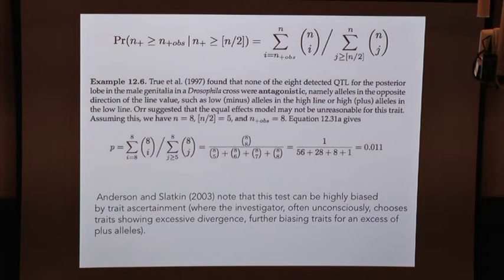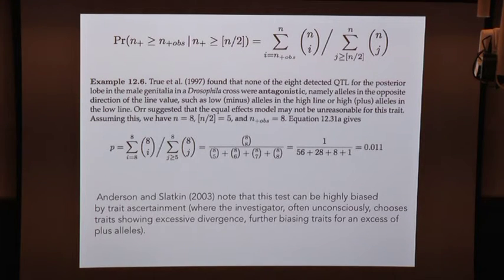Again, the notes talk about that. So in these tests, you've got to be very careful about how you choose the traits. You have to pick the traits at random. You can't simply look at something and say, wow, that trait's pretty big, let me see if it fits the QTL test, because in that case, you'll almost always get a significant result.